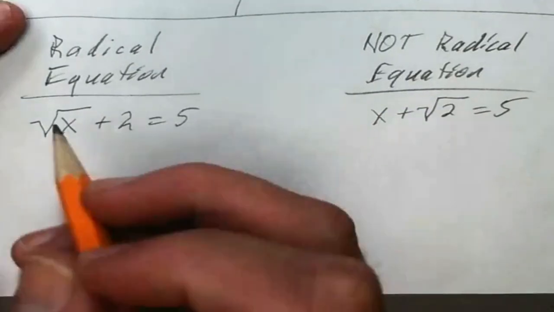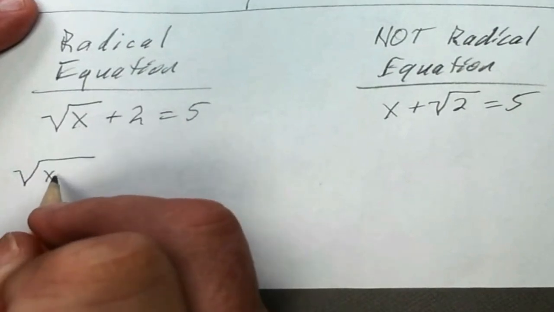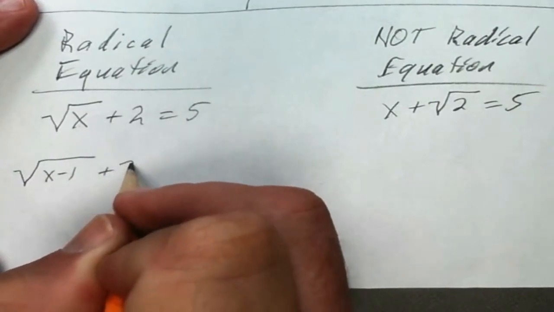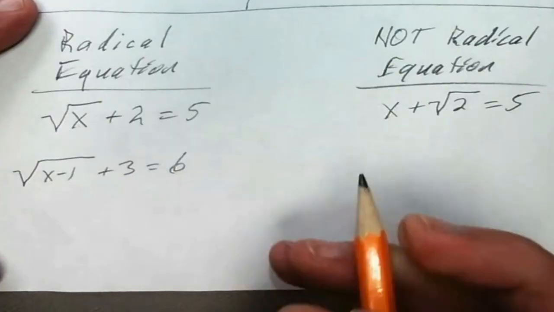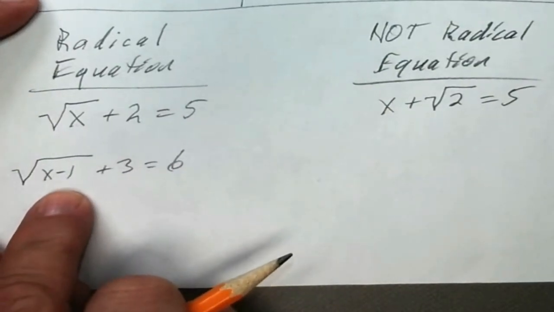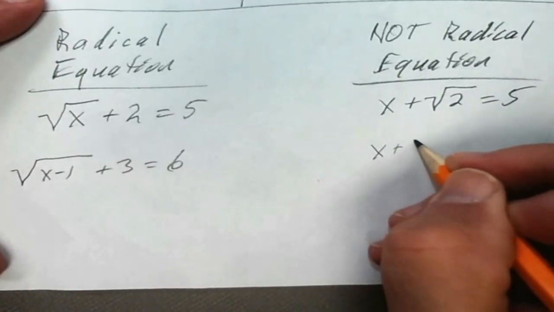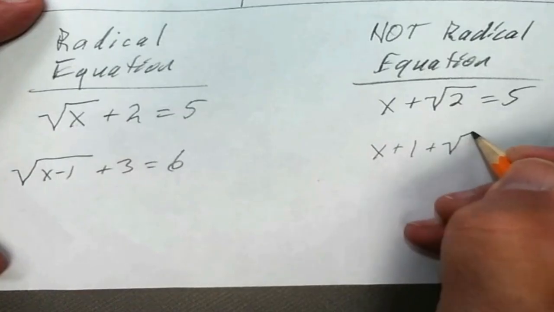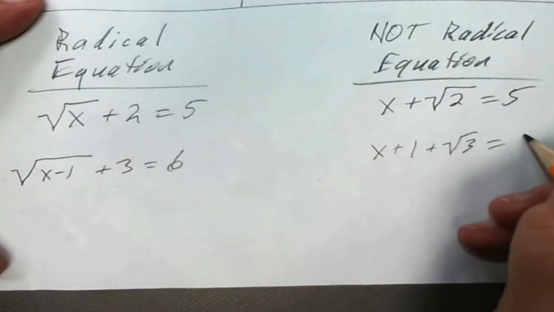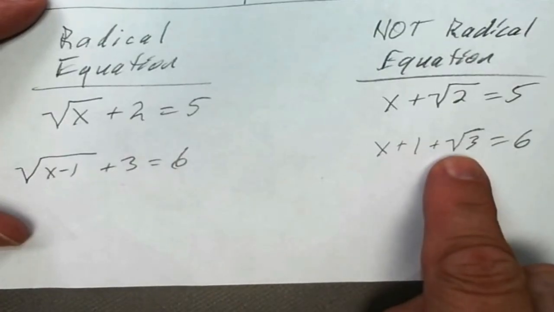Let's do another example. If we have the square root of x minus 1 plus 3 equals 6, this is a radical equation. If we have x plus 1 plus the square root of 3 equals 6, this is not a radical equation because this is actually a number, 1.7 something.